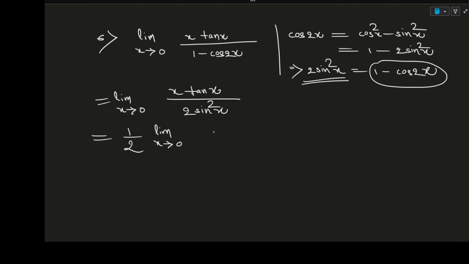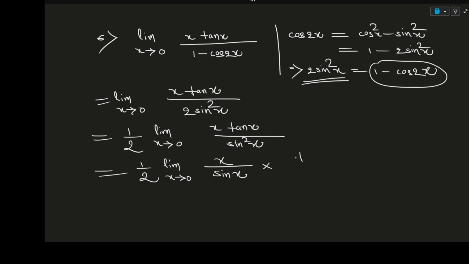Then the reduced expression will be like x tan x divided by sin square x. So in order to use the standard formula I have written in the beginning of this lecture, it will be like x by sin x into tan x by sin x.